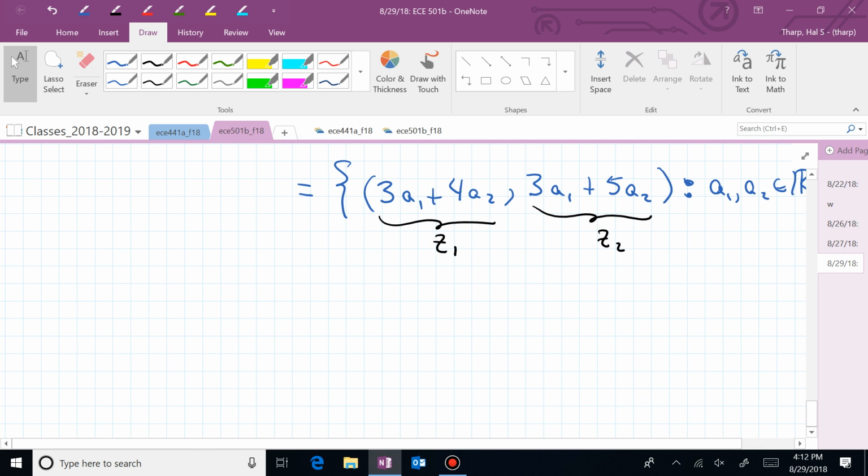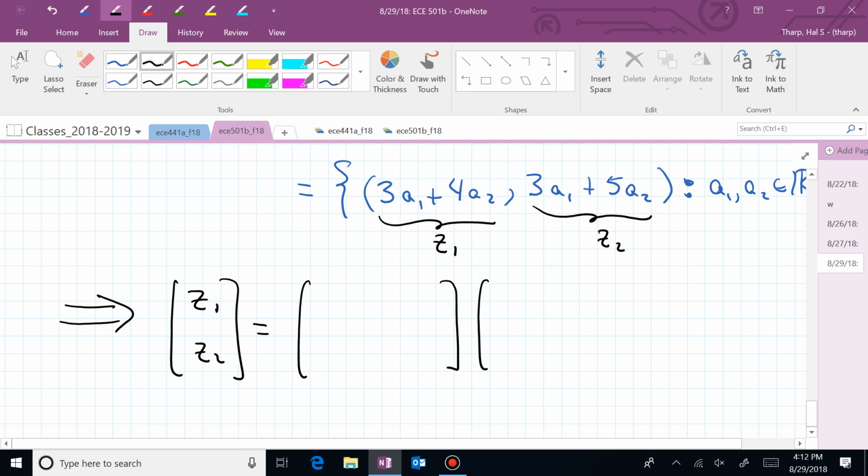And depending on how you think, if you've had a linear algebra class, you're going, oh, this is just a matrix inverse problem. Can I get you the z1 and z2 by the choice of an a1 and an a sub 2?